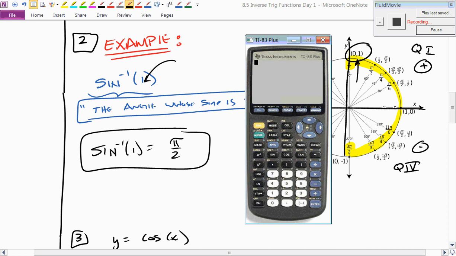So now we push second sine. That brings up sine inverse. That is not the same thing as 1 over sine, like cosecant is. So we have sine inverse of 1. Calculator gives us 1.5707. That is the decimal equivalent to pi divided by 2. There you go. So the inverse sine of 1 is pi over 2.